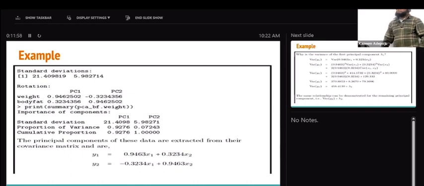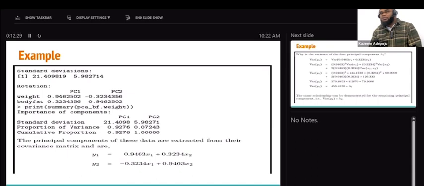If you take a look at what we do in the random effect model, we're trying to investigate which random component contributes the most. Well, here now we're trying to say which principal component contributes the most. PC1, if you look at the proportion of variance, is 0.9276. If you look at that of the PC2, it's 0.07243. And the equation from the PC1, PC2 is what you are seeing.